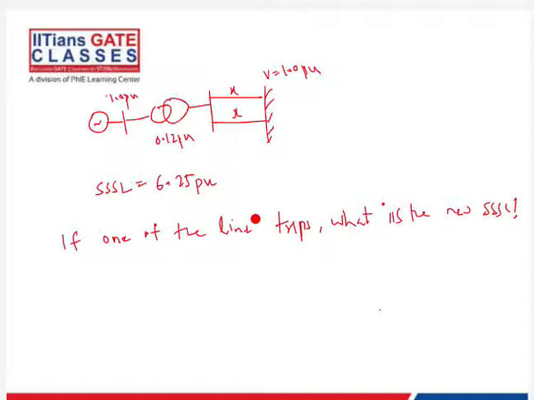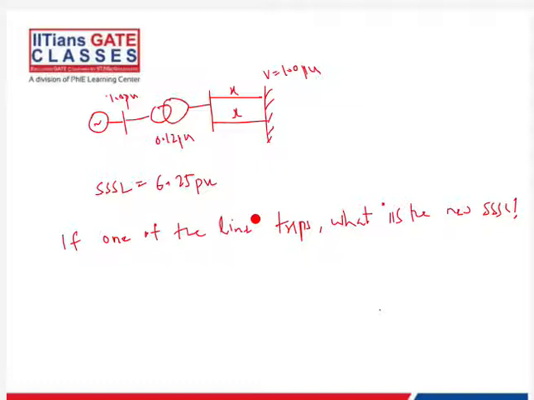You are given this much, that the generator has a constant terminal voltage of 1 per unit. So you can neglect the reactance of the generator and the resistance and susceptance of the transmission line. They have given this condition. What is the new SSL?